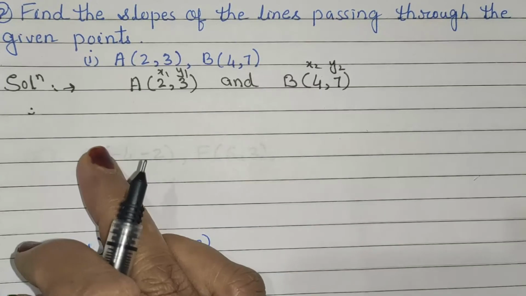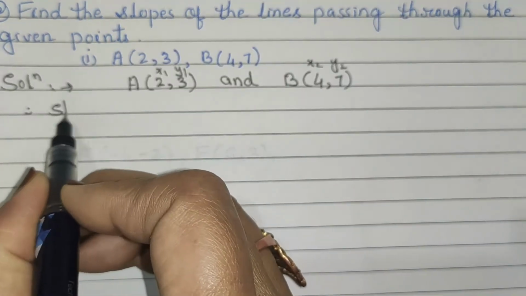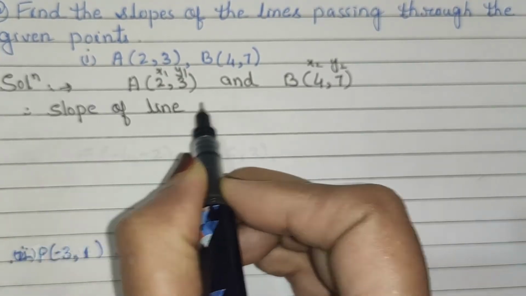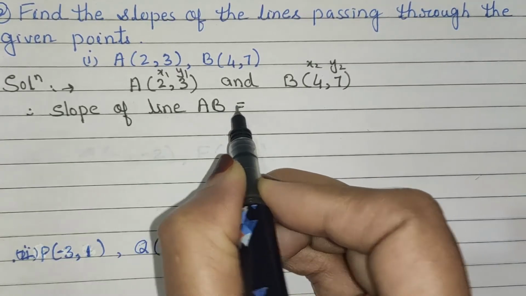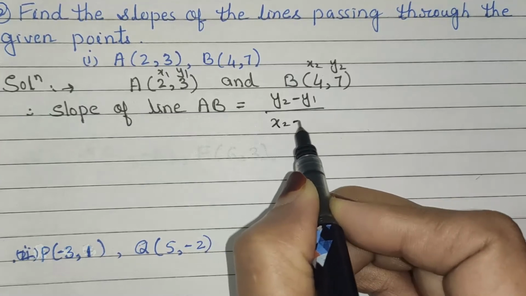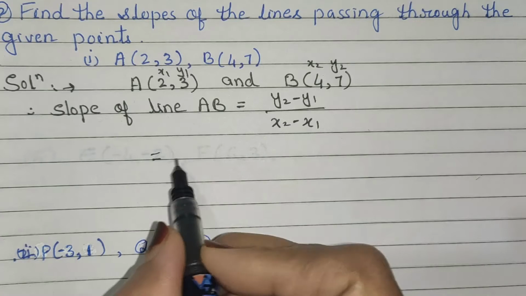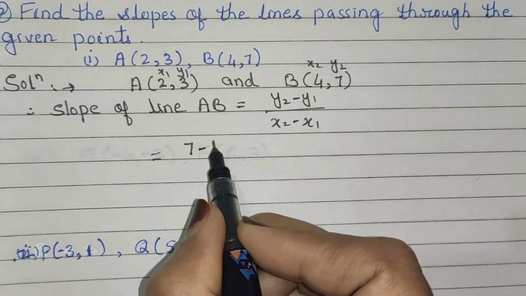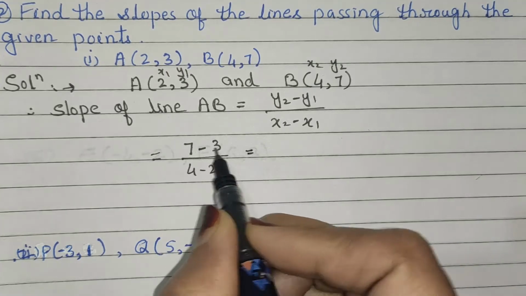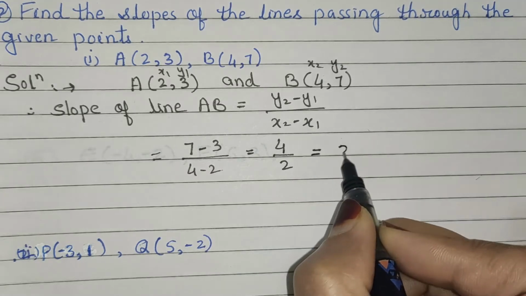Therefore, by using formula, slope of line AB is equal to y2 minus y1 upon x2 minus x1, which is equal to, substituting the values, we get here 7 minus 3 upon 4 minus 2. Solve it, 7 minus 3, 4 upon 2, cancel it, 2.